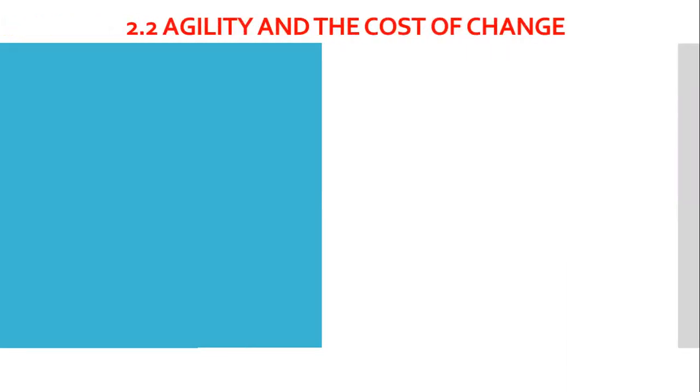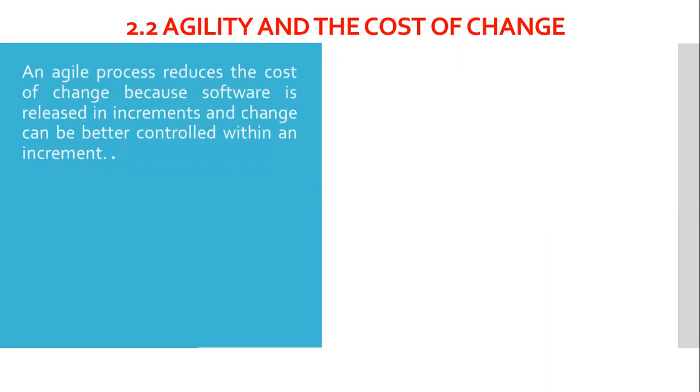Now coming to Agility and the cost of change. Here, an Agile process reduces the cost of change because software is released in increments and changes can be better controlled within the increment.